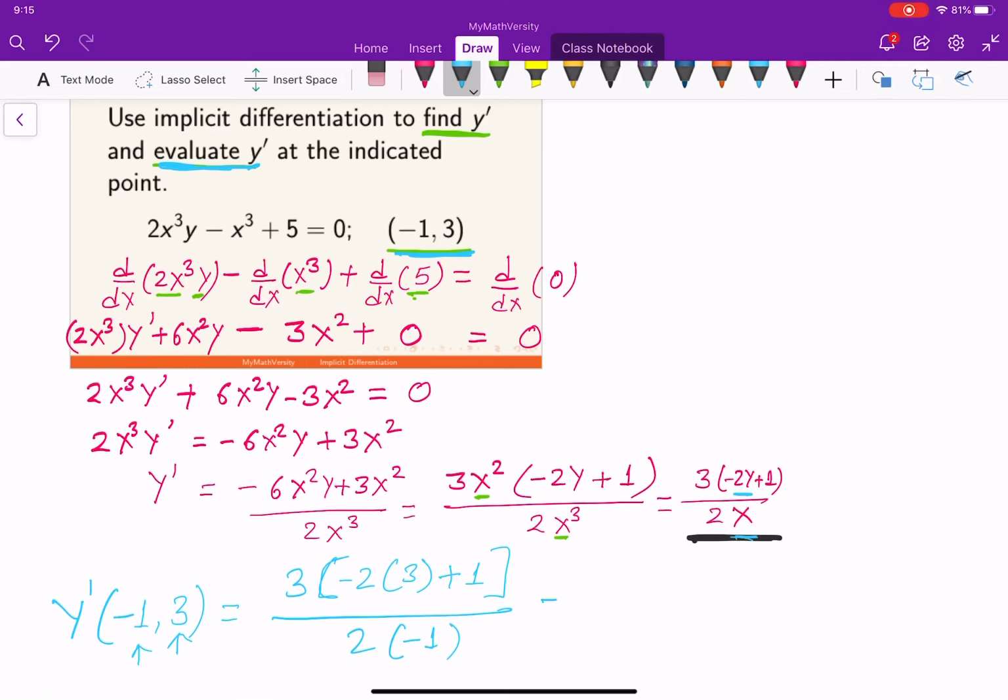At the top, 3 times -2 is -6, plus 1 is -5, divided by 2 times -1, which is -2, so we end up with -15 over -2, which is 15 over 2. This is y prime at (-1, 3).